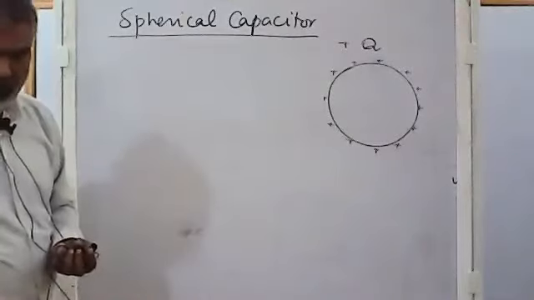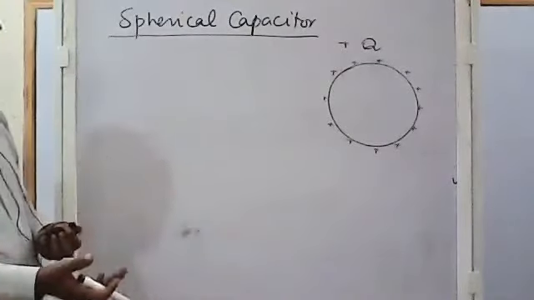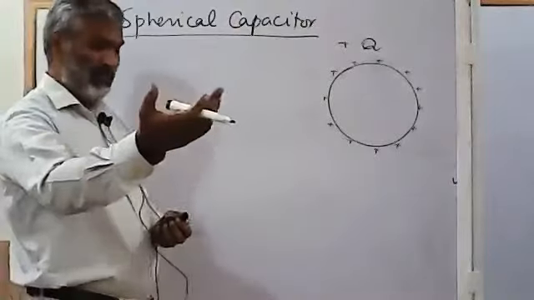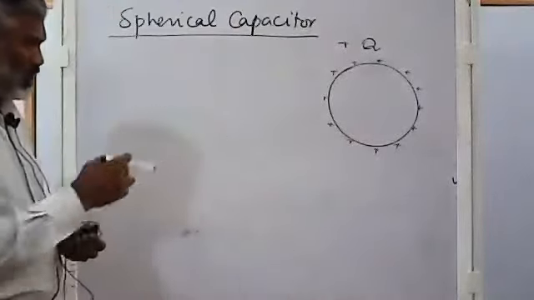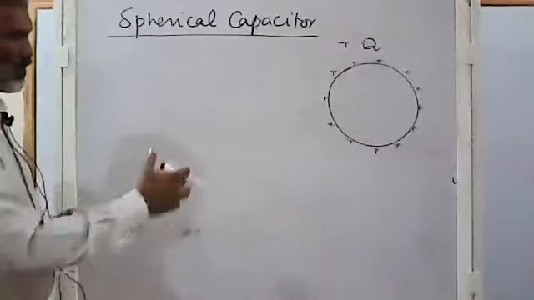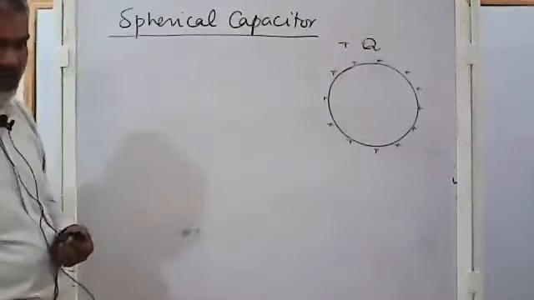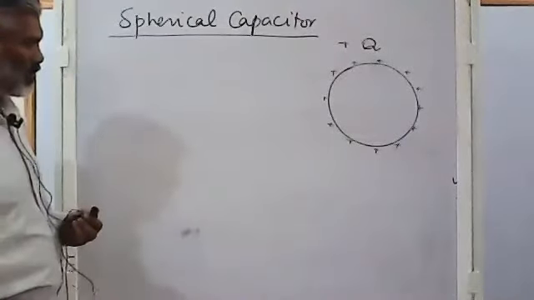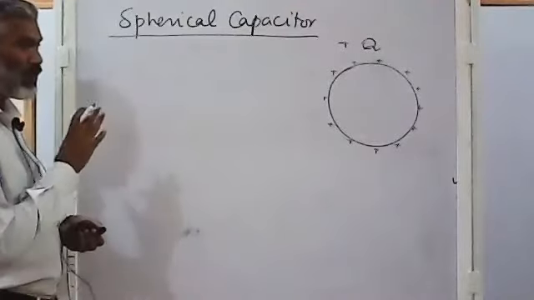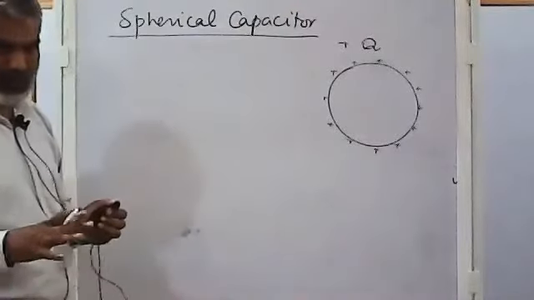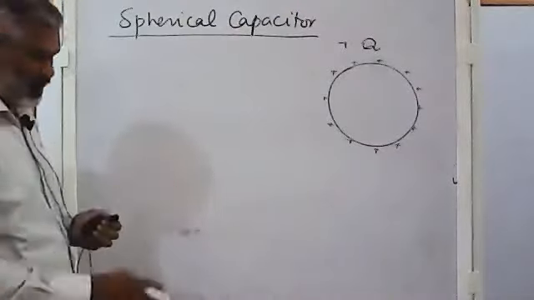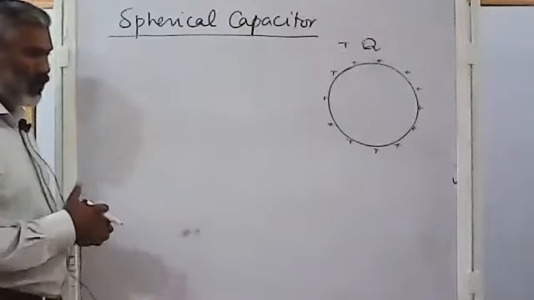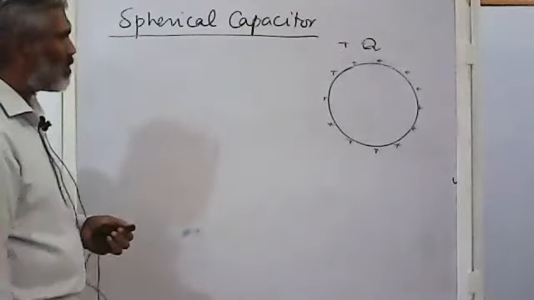By connecting a battery to it or by any other technique, by bringing a charged object to this surface, you can transfer charge to it. So by any means you have given a certain charge to this surface. Now it is insulated from anything else. So this is an isolated sphere. It's not in contact with any other conducting surface.